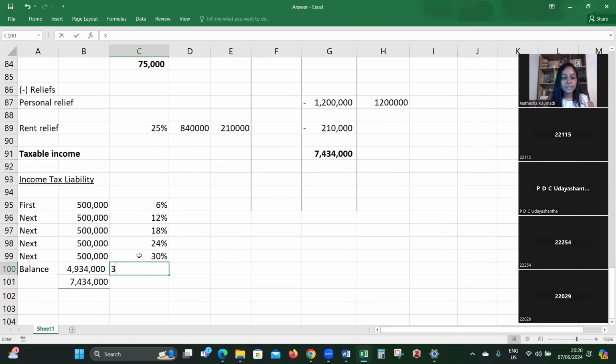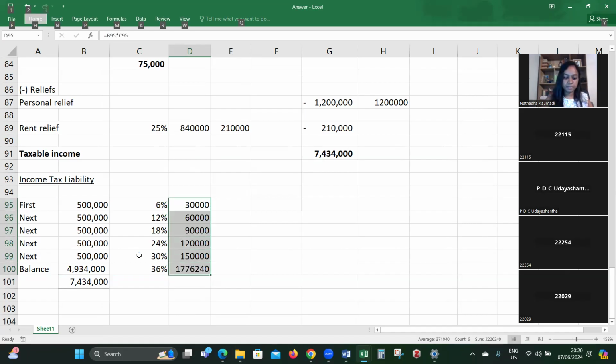What is the tax rate for the balance slab? You can apply 36%. Those are the tax rates you can use. So it's just a matter of multiplying 500,000 by 6%. Likewise, you can multiply the rates to get the taxes.